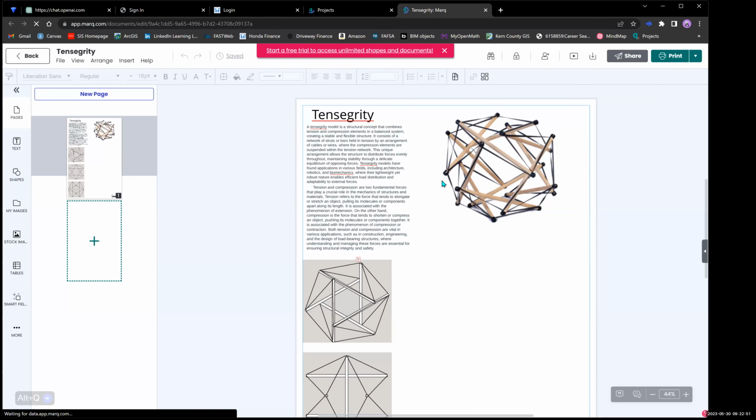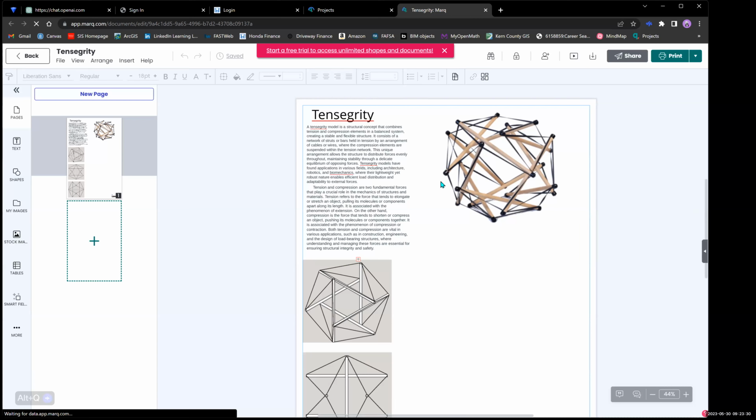It consists of a network of struts or bars held in tension by an arrangement of cables or wires, which just means the wires are a sort of tension that could get pulled or stretched out, and the compression part would be the sticks, which allows it not to fully get crushed. So together it's held together without any supports, just using the tension and compression.